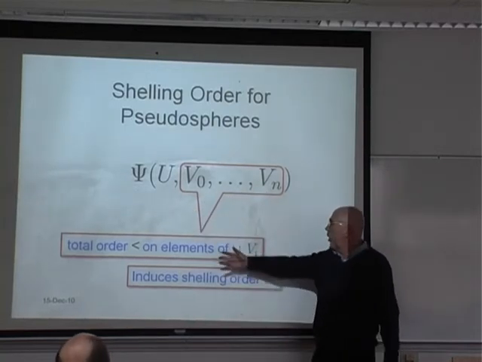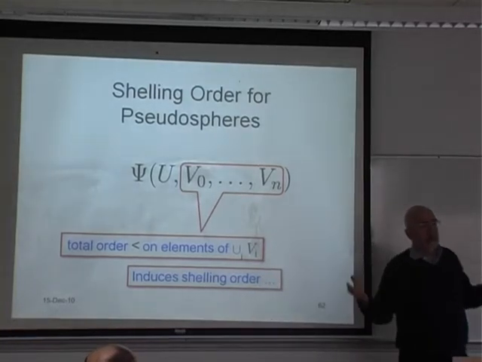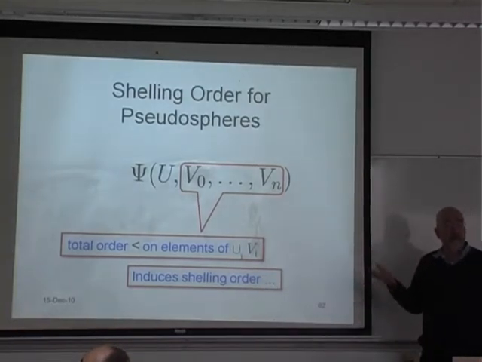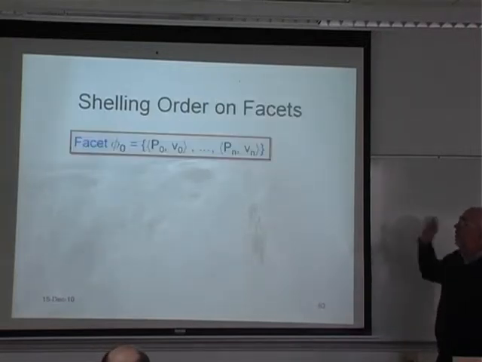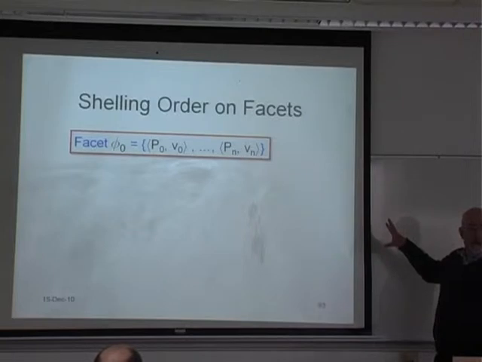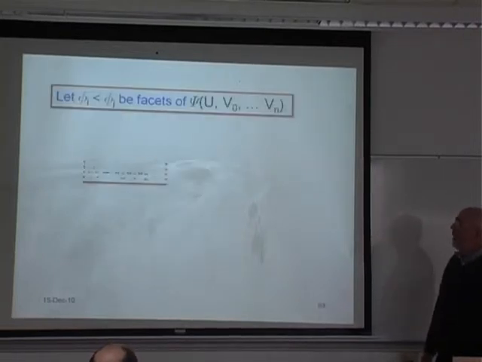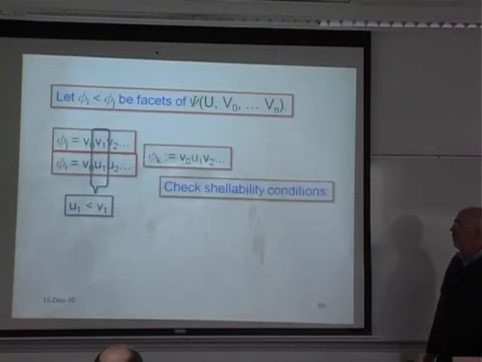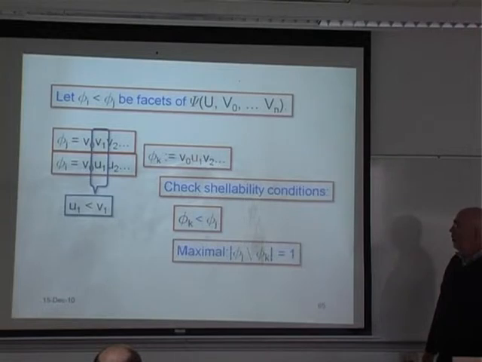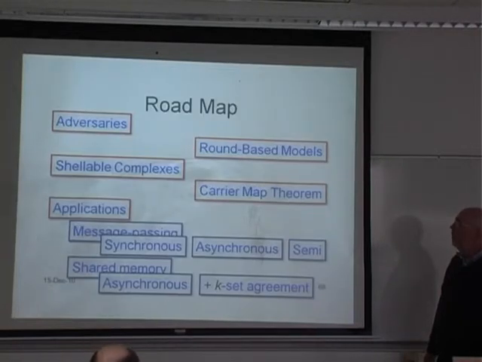We just assume that we have an arbitrary total order on all of the elements of the sets we're using to decorate the vertexes. And again, it doesn't much matter what it is as long as we have one. If we use the face order induced by that, then that's a shelling order. All we did here was check the details, which I'm going to skip over because we did it already. So we check the different conditions, and then we're done.